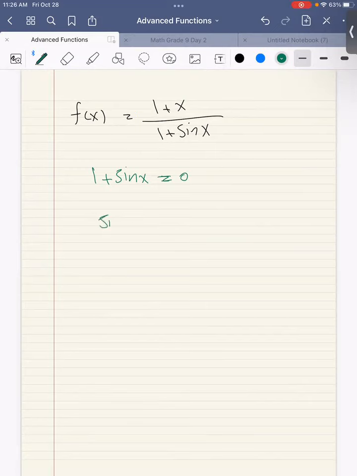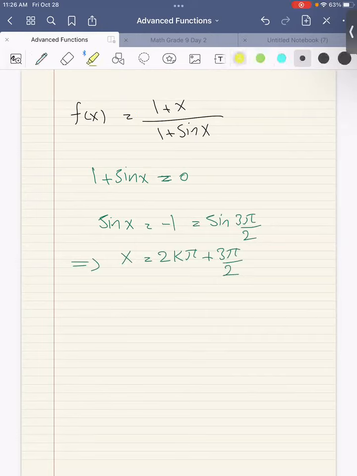So that means sine x is equal to minus 1, which is sine of 3 pi half. Okay, but it's not only 3 pi half, but 2k pi plus 3 pi half. So you basically remove this from the domain.